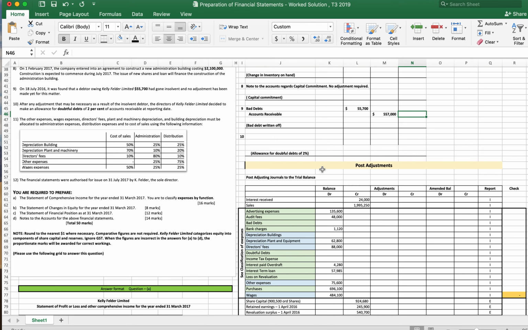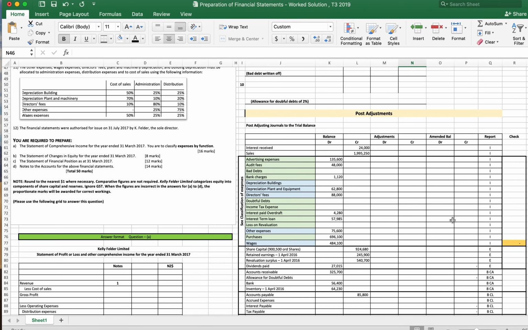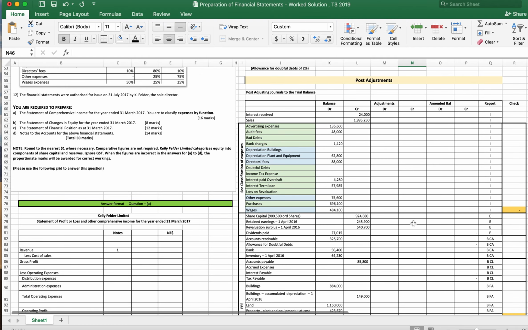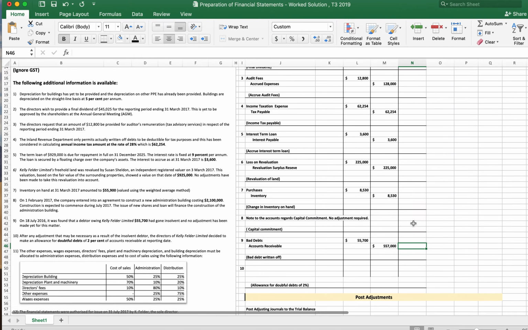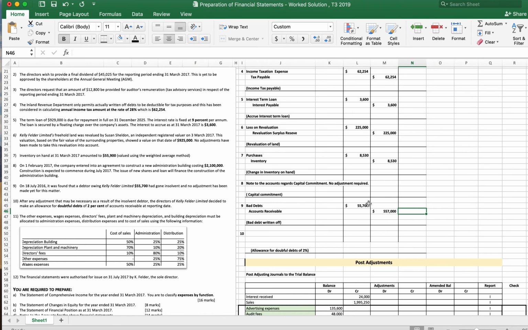Number 10. After any adjustment that may be necessary as a result of the insolvent debtor, well, we've done it, okay, they've decided to make an allowance for doubtful debts at 2%. Right. Okay, but we need to work out what the closing accounts receivable is to start with. So probably we want to do that journal after we've worked out that balance.